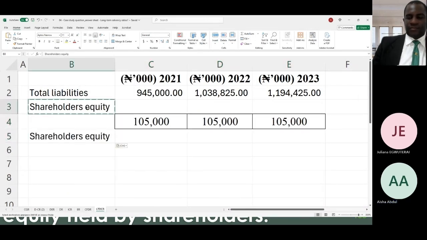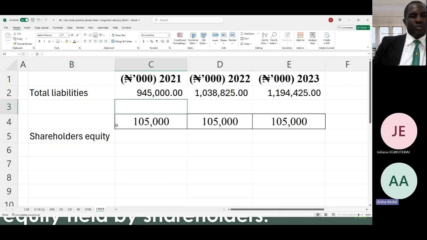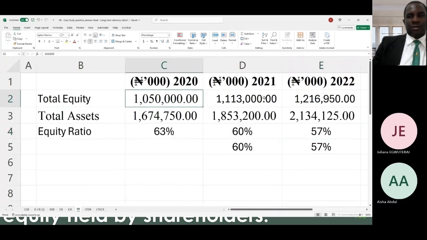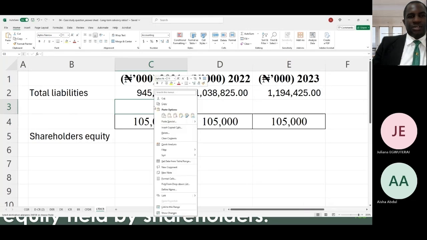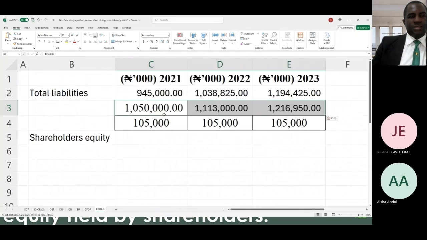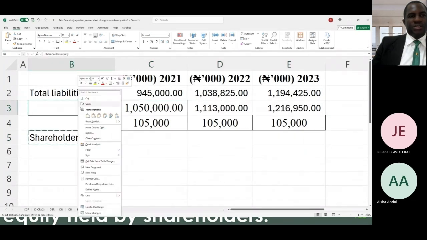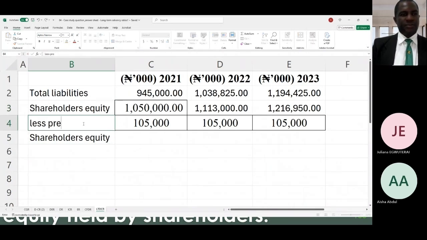Okay, what did it give you? 1 for 2020. Okay, so let me just take this, validate what you did. So this is the shareholders' equity versus preference.